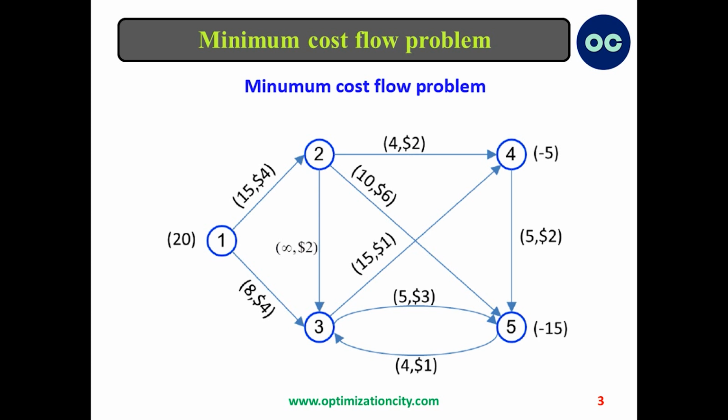Moreover, the number in the parentheses next to the circle represents the available supply and the required demand at each node. In this figure, node 1 is a starting point with a supply of 20. Node 4 and node 5 are destinations that require 5 and 15 units respectively, indicated by a negative sign.